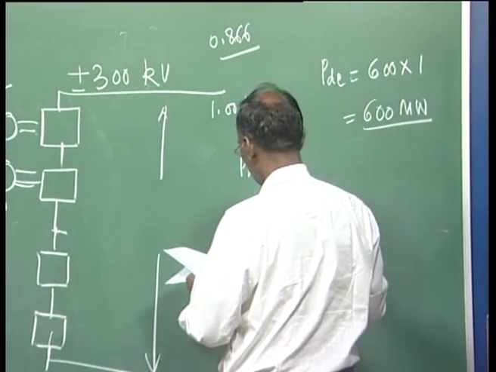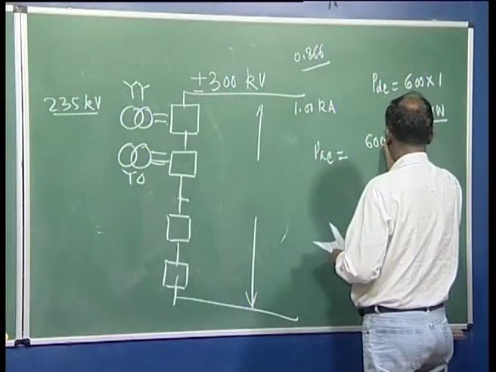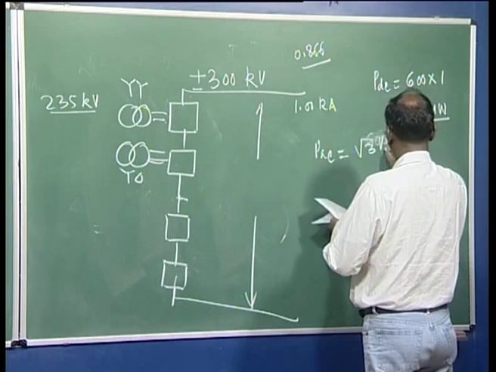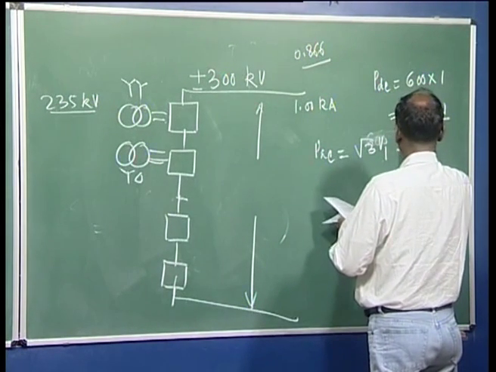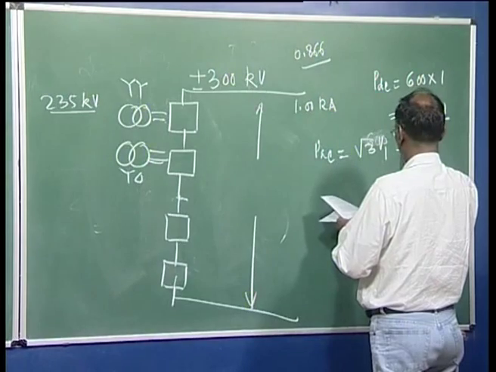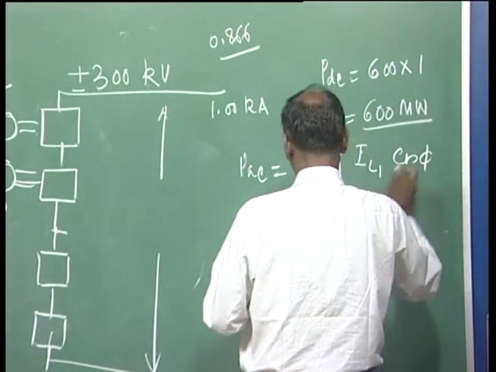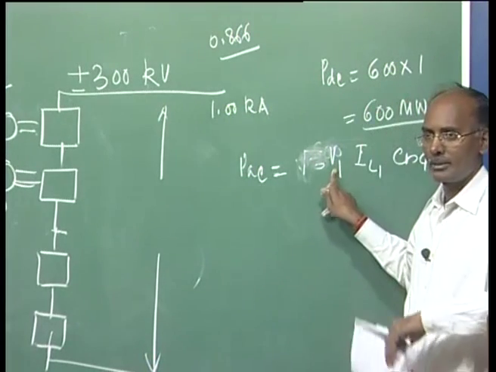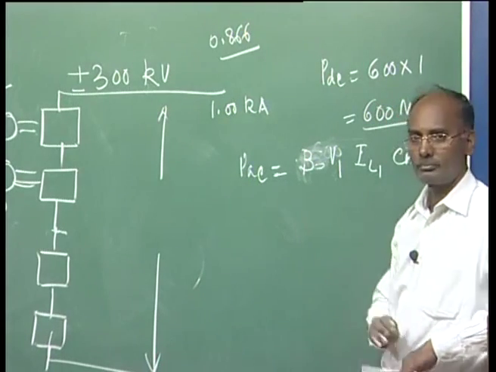So, what happens is that this is a DC power, your 600, and this is your root 3 times V1 into your I. We want to calculate this IL1, into cos phi. Here, if we take V1 as per phase, then it will be 3 times.